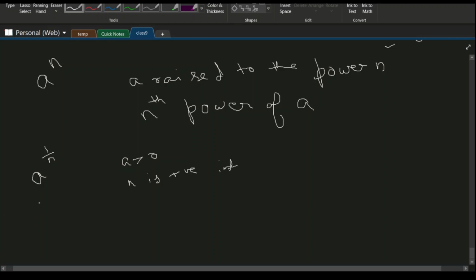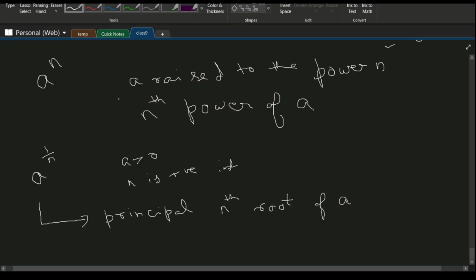So a to the power 1 by n, this is a new term, okay, you might not have read this earlier. This is called the principal nth root of a.